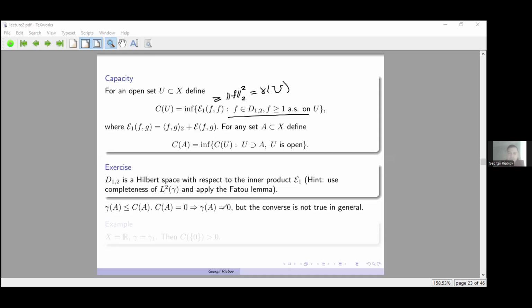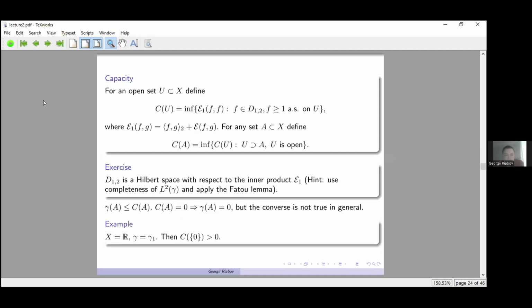But it turns out that the capacity is a finer object in the sense that it can happen that the measure of a set is zero, but the capacity is not. And let me show an example.